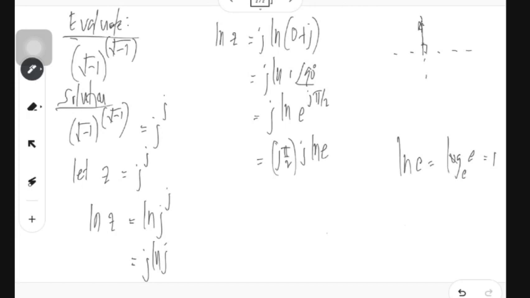So, ang lalabas ngayon dito, you have here j squared pi over 2. But take note that this is natural logarithm of z, and j squared is negative 1. So, what will be the value of z? Take anti-natural logarithm.